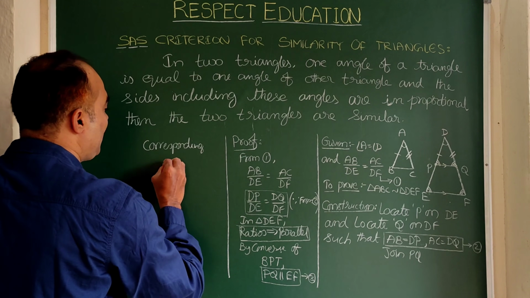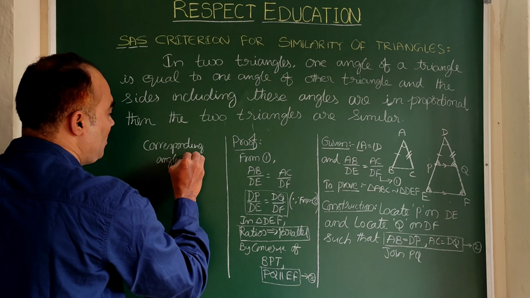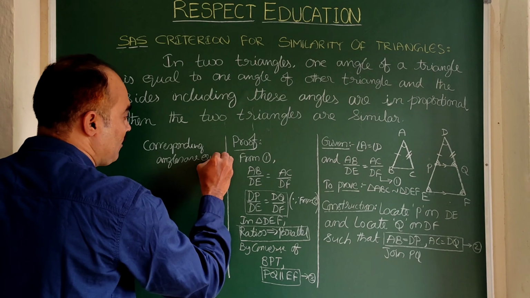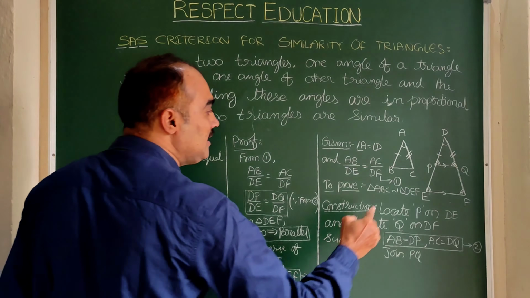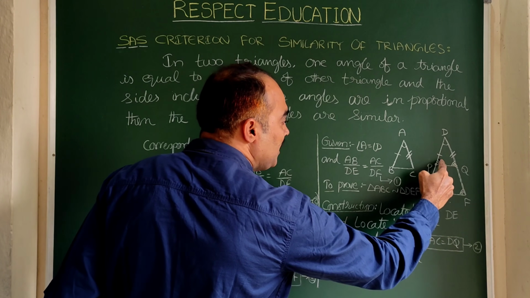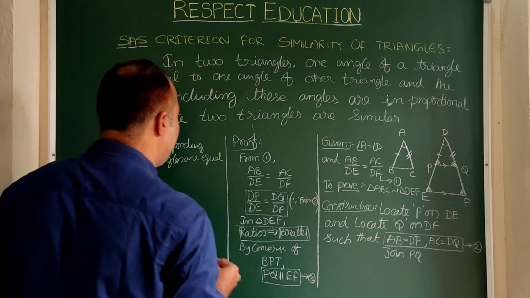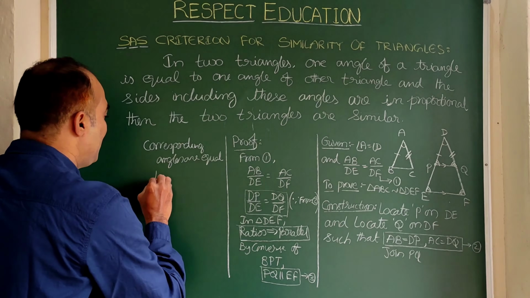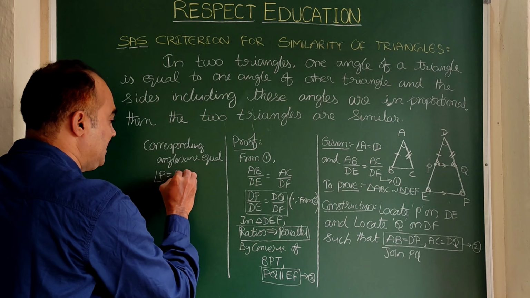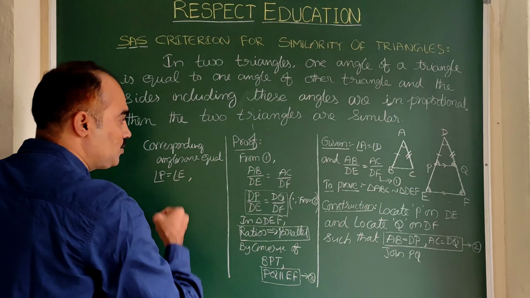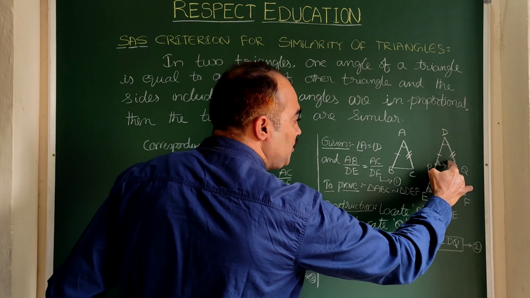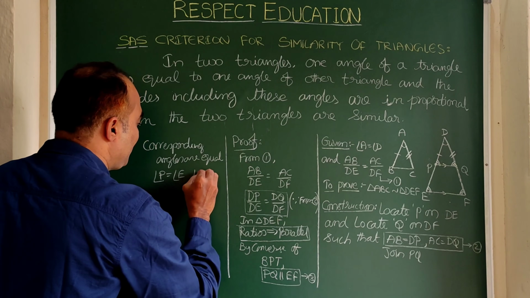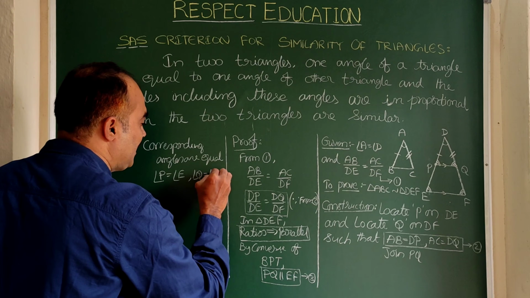If the lines are parallel, then corresponding angles are equal. If the corresponding angles are equal, then what happens? Angle P becomes angle E. Also, angle Q becomes angle F.